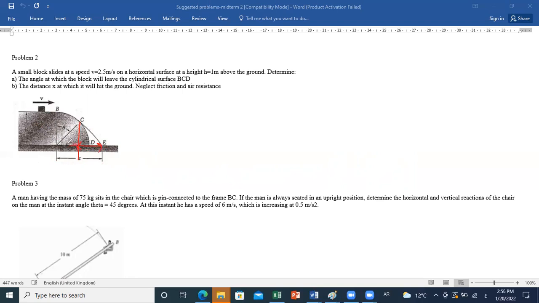From geometry, what is the length of this part? Didn't we say that this is 1 meter? This is 1 meter. And the angle theta is here. This is r cosine theta. Sine. Okay? Because this side is opposite the angle theta.